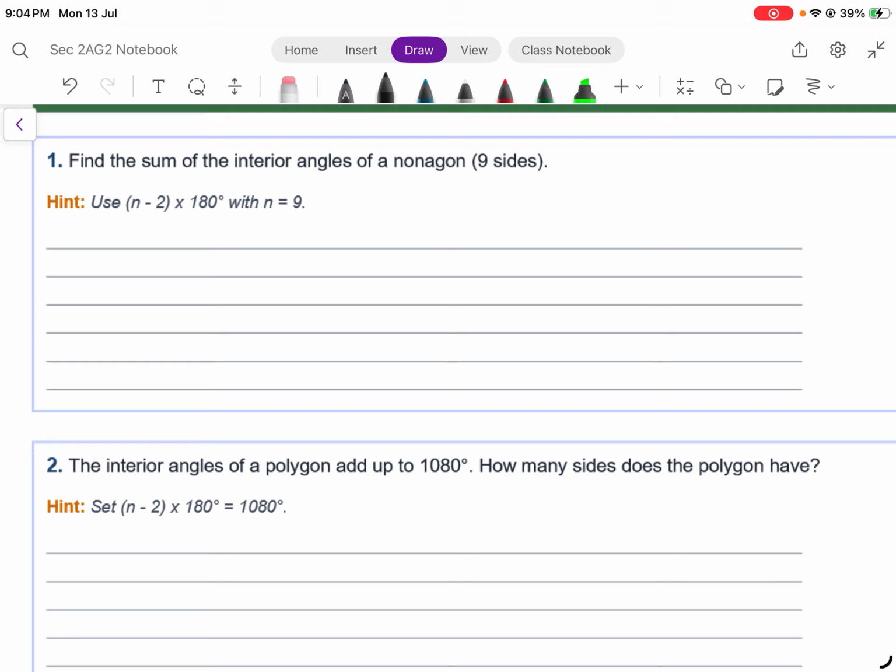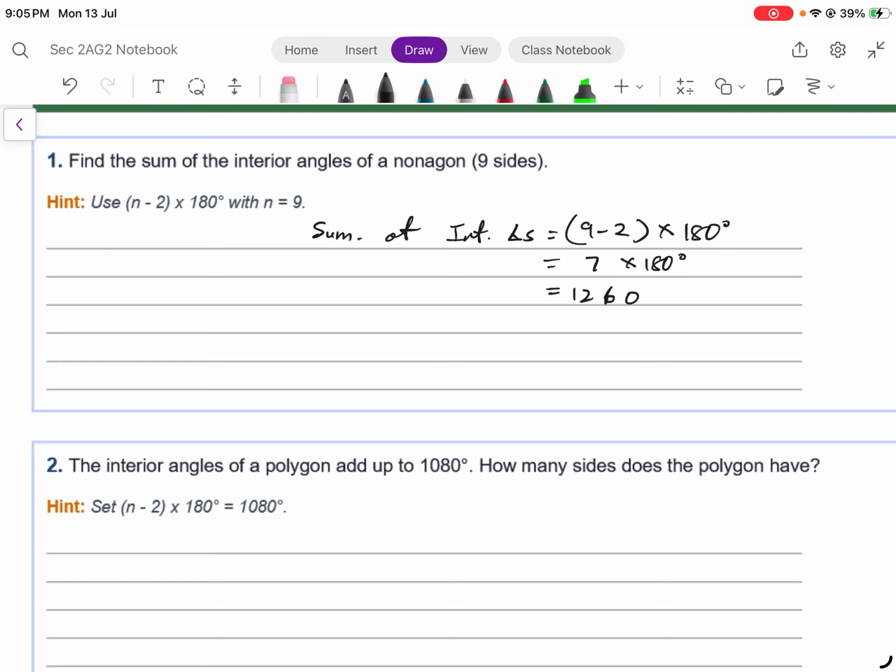Okay, so find the sum of interior angles. You get the formula: 9 sides is 9 minus 2, right? Times 180 degrees. So you get 7 times 180 degrees.